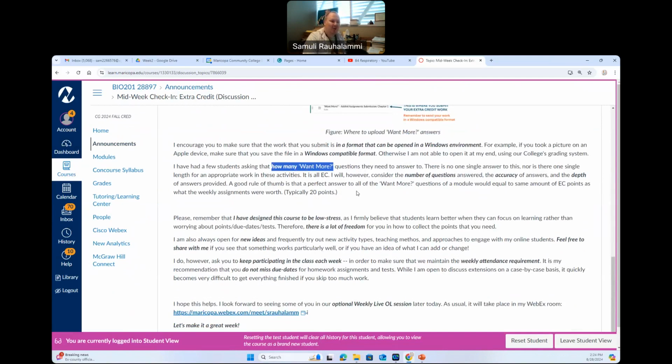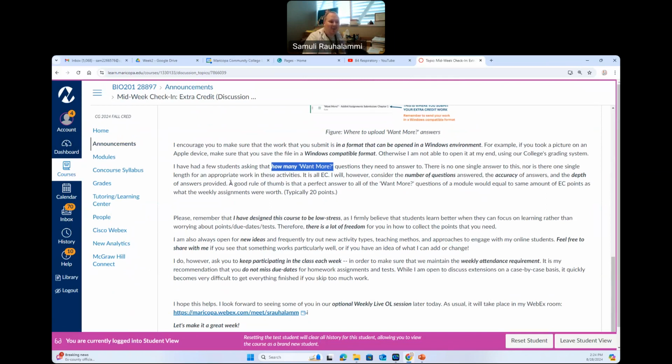If you choose to do Want More assignments, to give you kind of a rule of thumb that guides you how they are graded, obviously the number of questions you answer, the accuracy of your answers, and the depth that your answer goes into. You'll see that a lot of these questions are questions that you can answer very superficially or really dig into. That has an effect on how many points there are up for grabs and how many points you'll get.